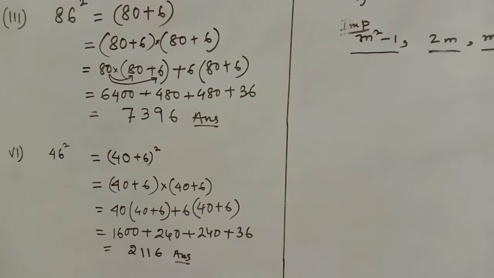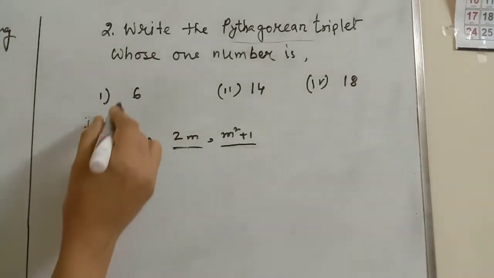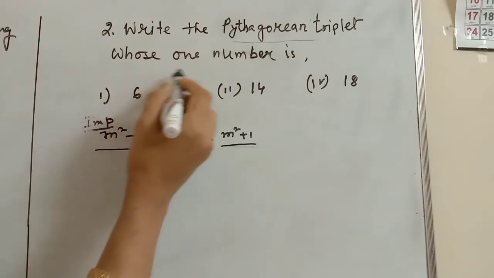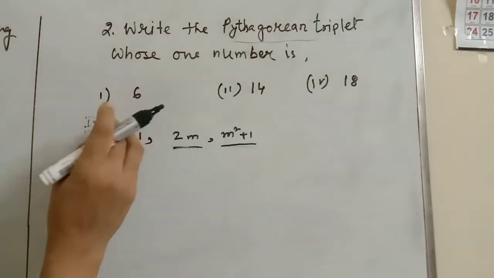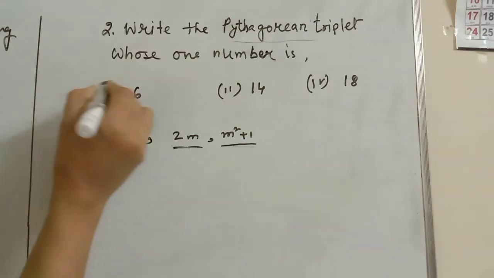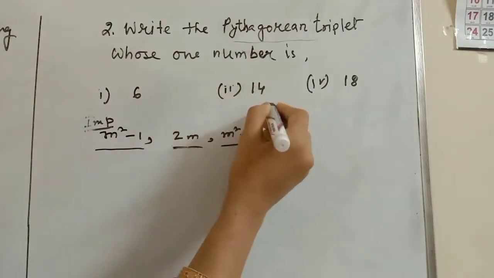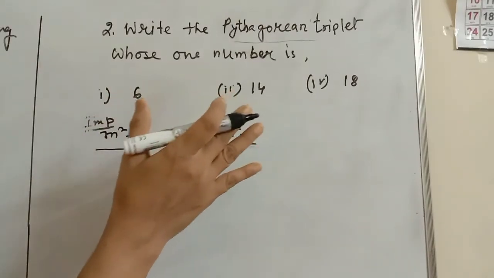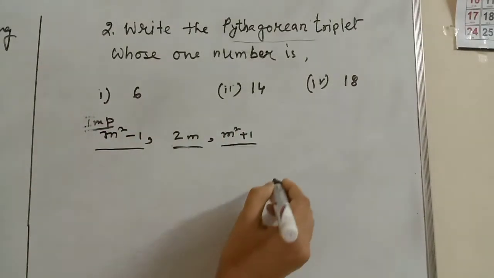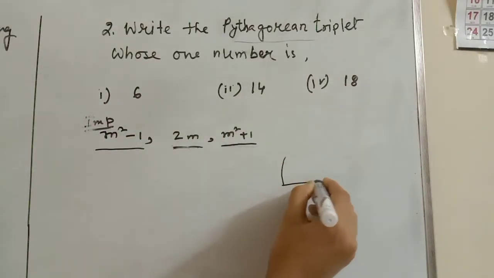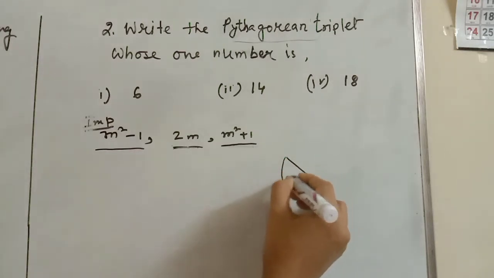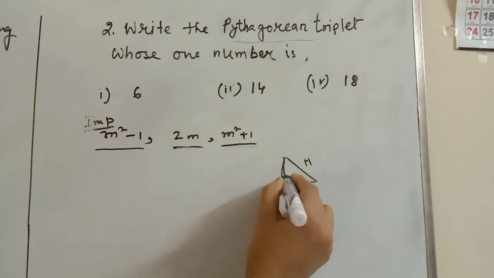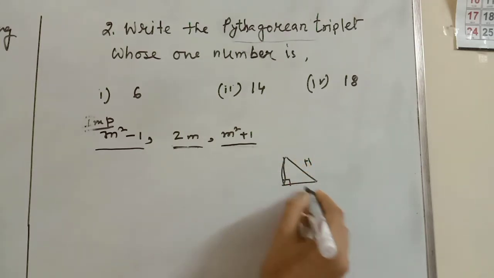Now our second question. The second question is, write the Pythagorean triplet whose one number is given. In question number 1 it is 6, in question number 2 it is 14 and in question number 4 it is 18. You have to find the Pythagorean triplet. Now what is a Pythagorean triplet? You know that in class 7 you have learned that in a right triangle the longest side is the hypotenuse and the two adjacent sides are perpendicular to each other.